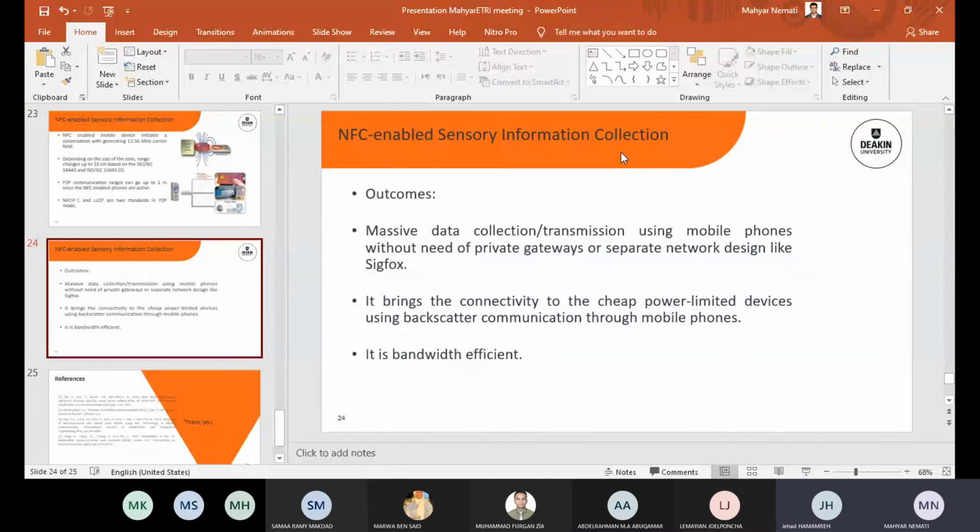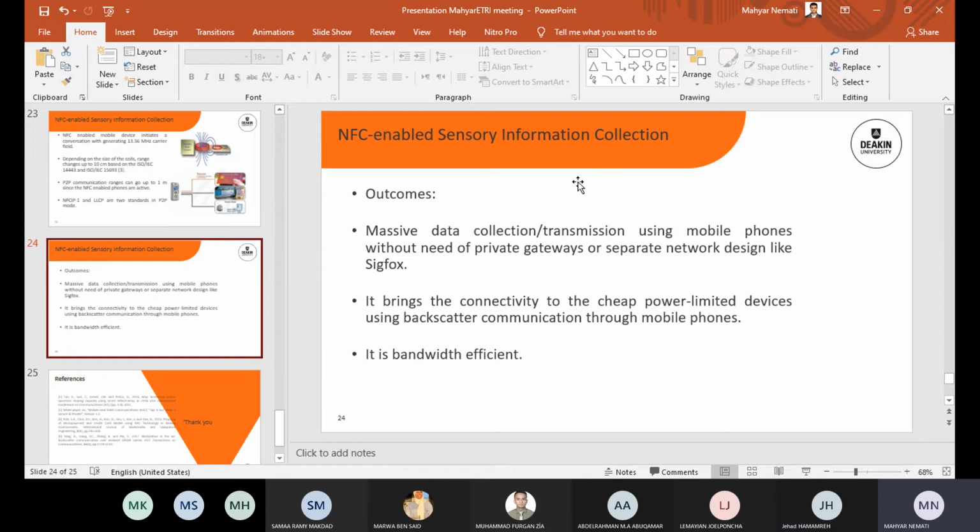So again, it preserves the cost efficiency of the RFID tags and NFC tags. It can bring connectivity to cheap, power-limited devices using backscatter communication through mobile phones, and it's also bandwidth efficient since it's ambient backscatter communication. So it doesn't need any dedicated frequency spectrum.